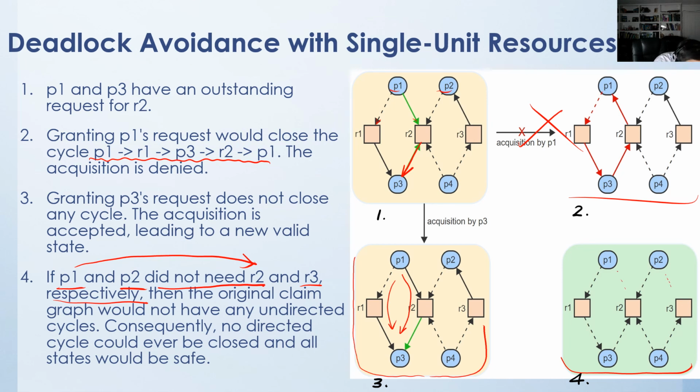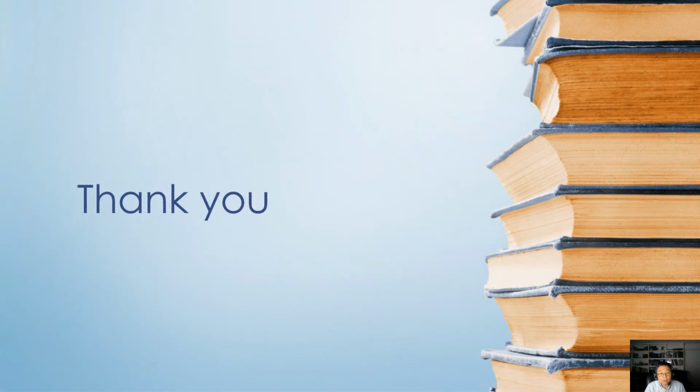Then this claim graph will be okay. There will be no deadlock situation. Why? Because there's no loop. This is disconnected, and this is also disconnected, right? So there's no way you can create a loop. Okay, so that should be okay. Thank you.